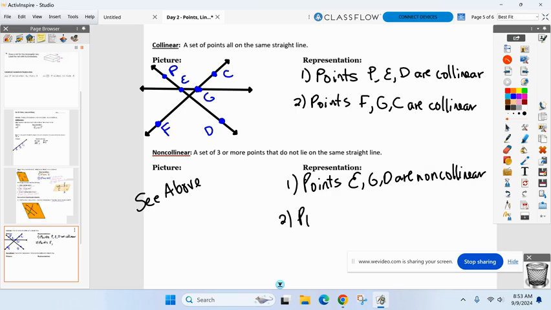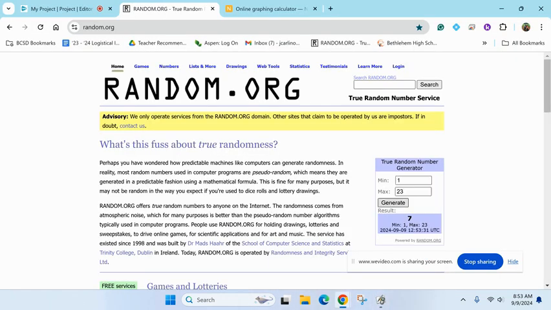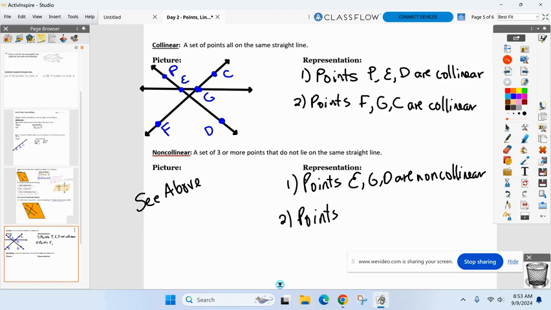How about another set of 3 non-collinear? Matt, back to you. D, F, E. I just looked at D and F and we're good right there. I don't care where E is. D, F, and E are non-collinear. Perfect.